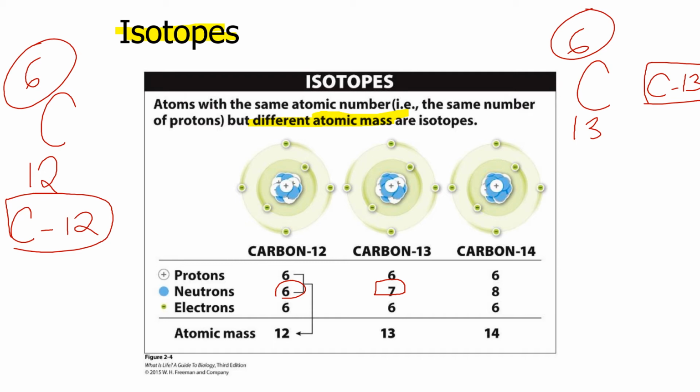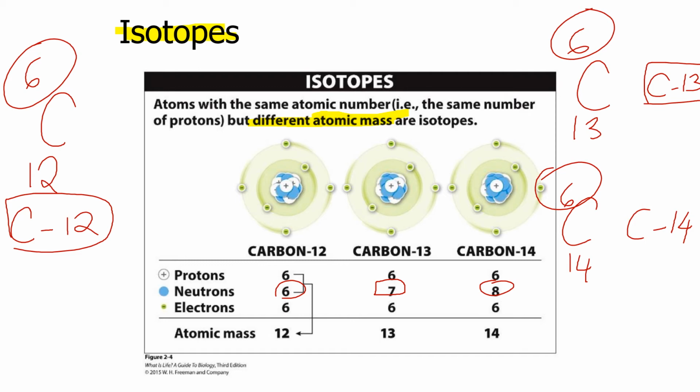There's actually a third type of carbon, known as carbon 14, because its atomic mass is 14. If you subtract 6 from 14, it gives you 8. You would notice that those three different types of carbon all have 6 protons, so their atomic number doesn't change, and therefore they are all carbons.